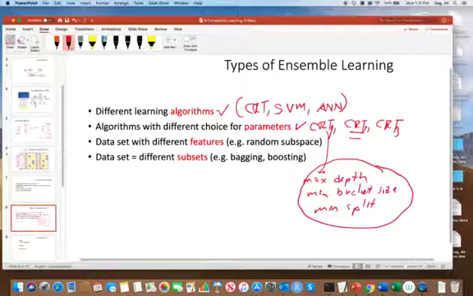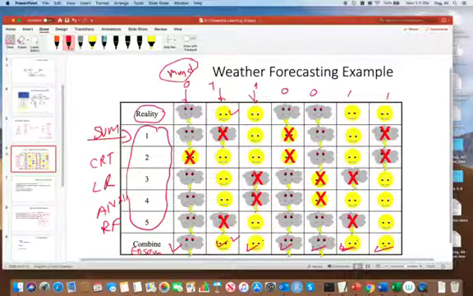So what we want to do is combine these three different outcomes again. And again, the same thing can be applied here easily. Instead of SVM, CRT, LR, ANN, and RF, what I want to do is CRT1, CRT2, CRT3, or LR1, LR2, LR3, LR4, LR5.